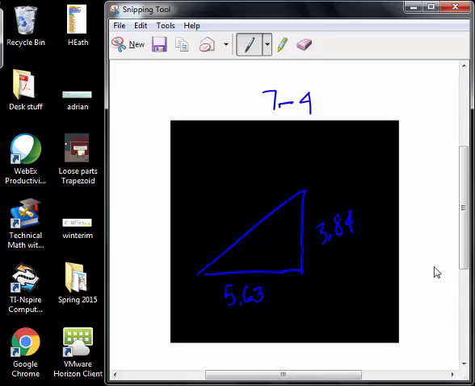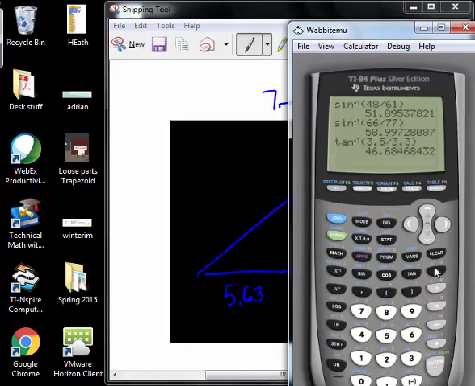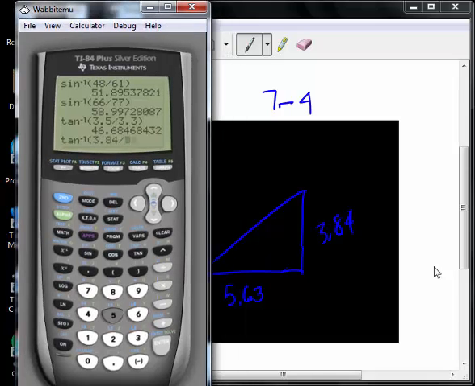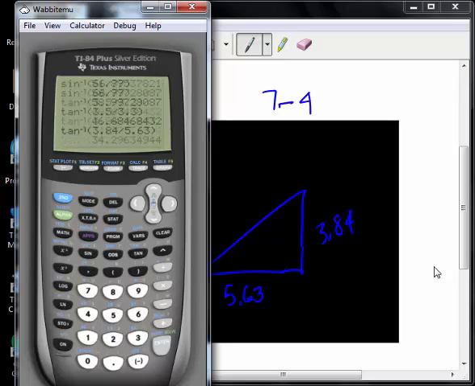So if we said second function tangent, because we're looking for the angle of opposite, which is 3.84, divided by adjacent, which is 5.63, we get 34 degrees. So that's how you do these assignments.